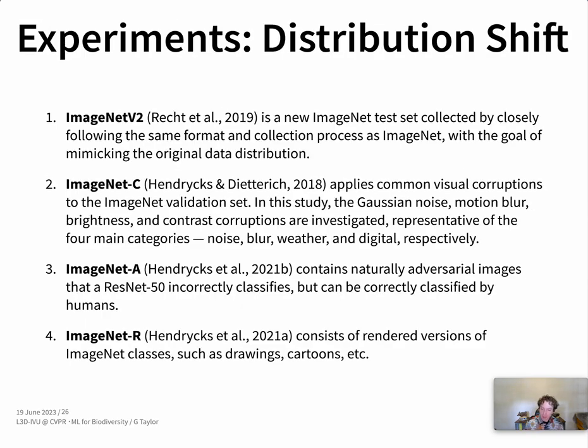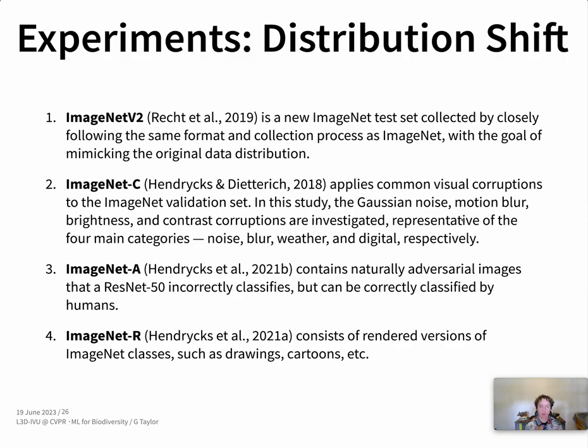So we look at a couple things. One of them, as I mentioned, was the performance of these conformal prediction methods under distribution shift. And we adopt ImageNet 1K as the training data set and explore several test set alternatives. These include ImageNet V2, which is basically a new ImageNet test set that's expected to follow a similar format and collection process as the original ImageNet, so minimal distribution shift. ImageNet C for corruptions.